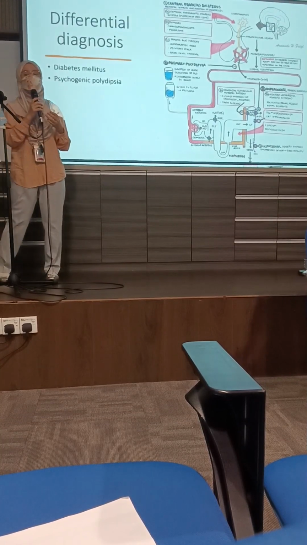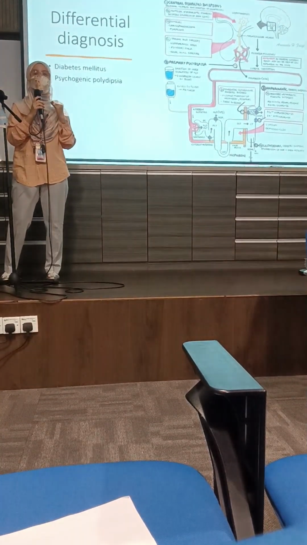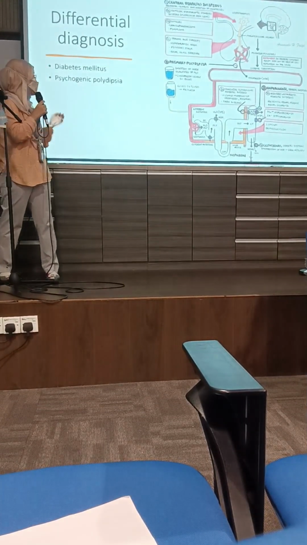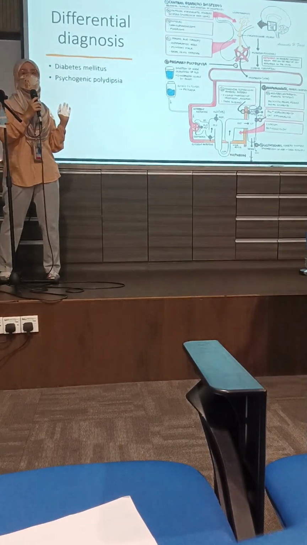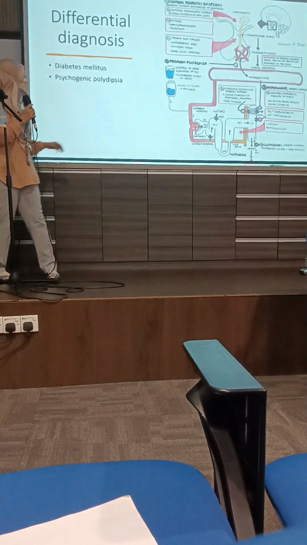Other differentials, you need to also know that other causes can also cause polyuria. Polyuria means passing a lot of urine. So it can be because of diabetes or psychogenic polydipsia, where you drink a lot of water and pass out a lot.